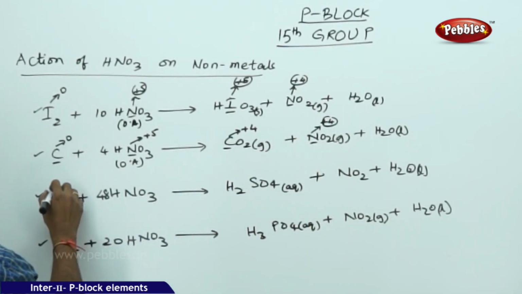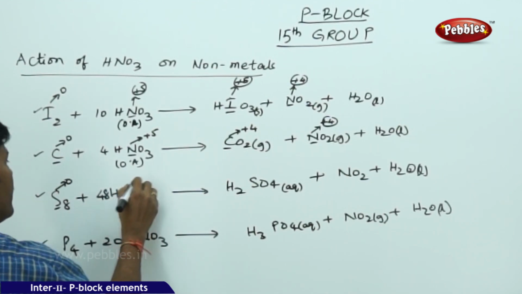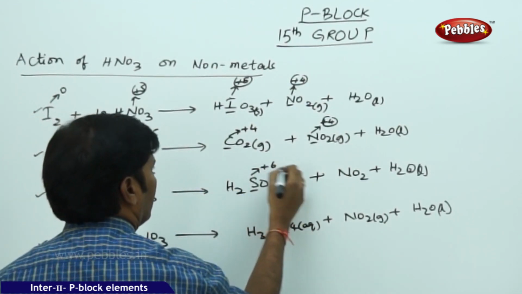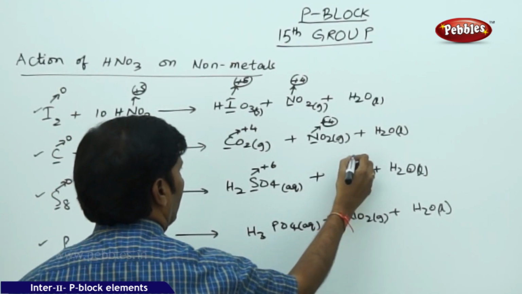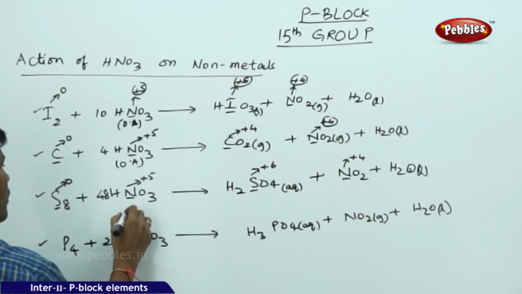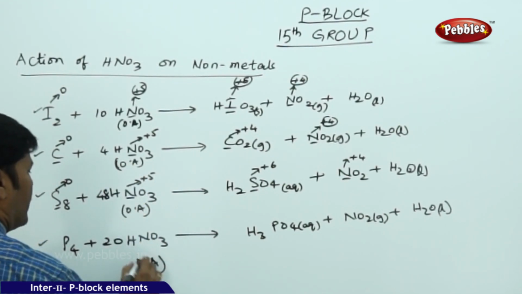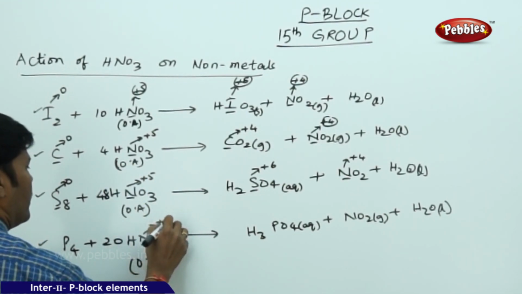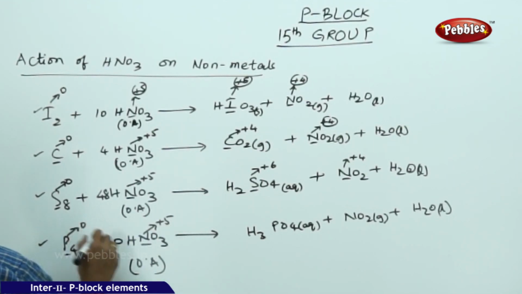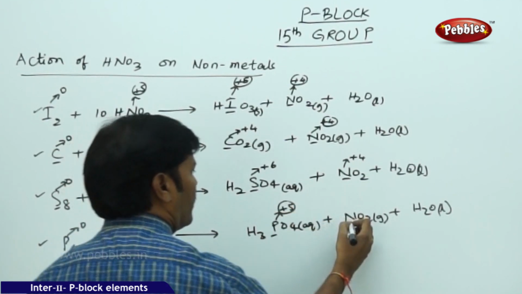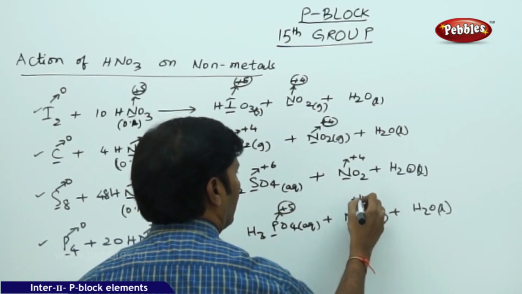Again sulfur is 0, nitric acid is +5, and in sulfuric acid sulfur is +6, while in nitrogen dioxide it is again +4. Again nitric acid is the oxidizing agent with +5 oxidation state, phosphorus is 0 and becomes +5, and nitrogen dioxide is +4.